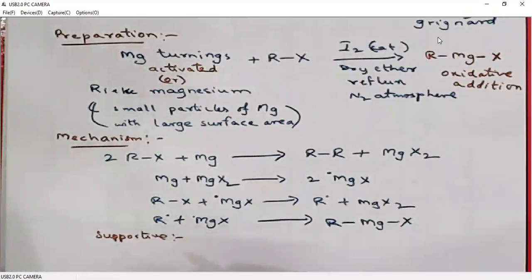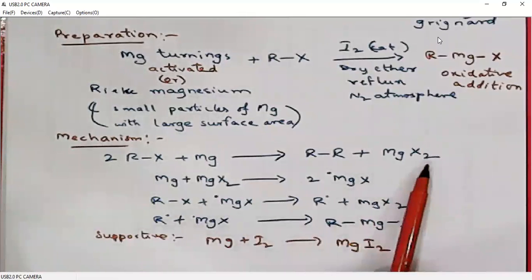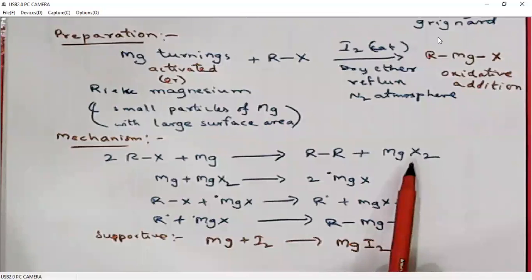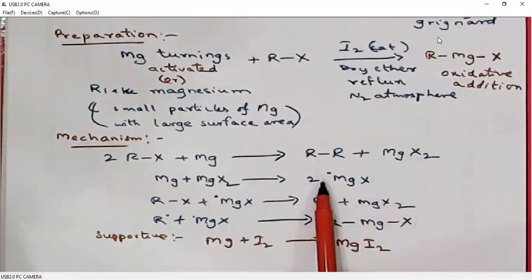Now, why are we adding iodine? We are adding iodine to magnesium to generate magnesium iodide. Why should we have magnesium iodide? Because MgX2, if I say iodine, MgI2, is the main intermediate involved in the generation of Grignard reagents.